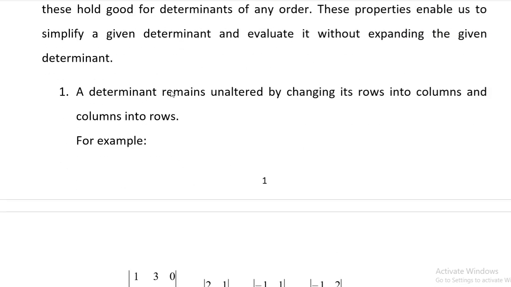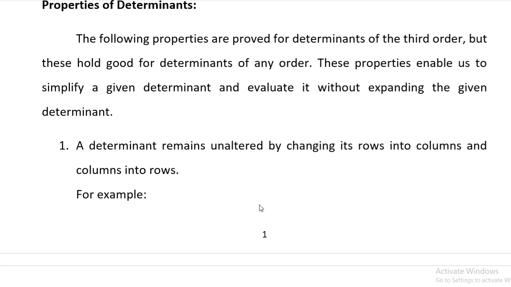A determinant remains unaltered by changing its rows into columns and columns into rows. You remember from the last lecture, when we change rows into columns or columns into rows, we call it the transpose of a matrix.